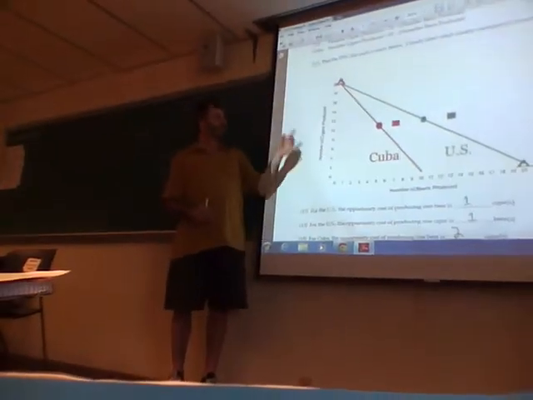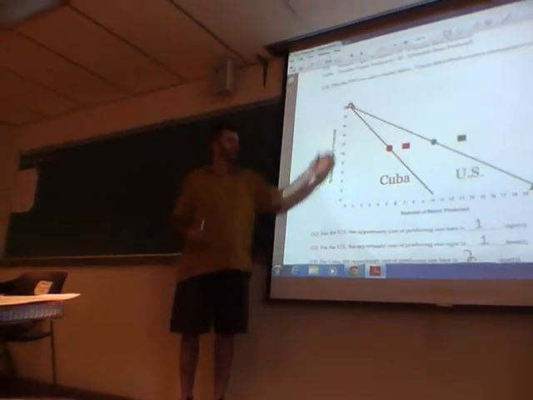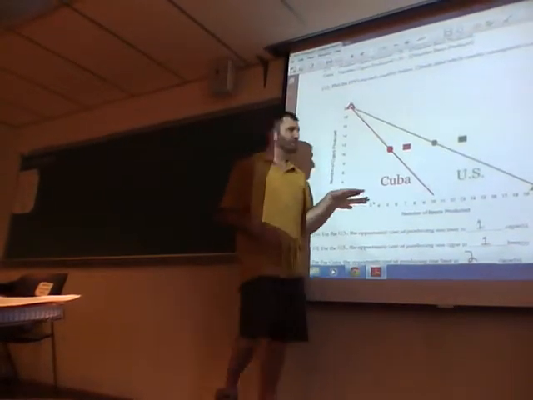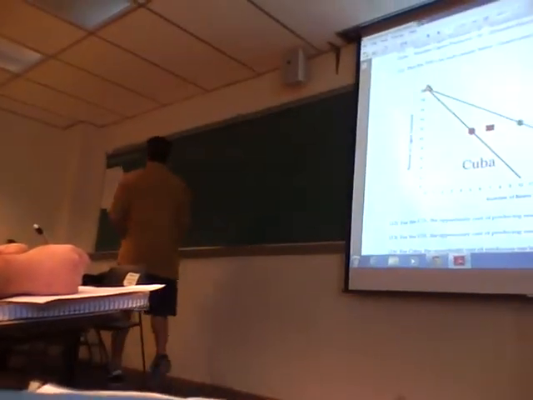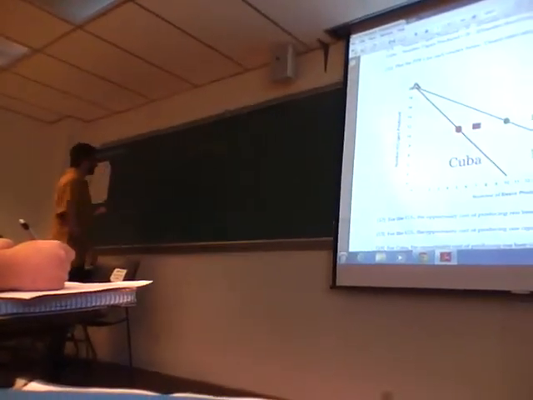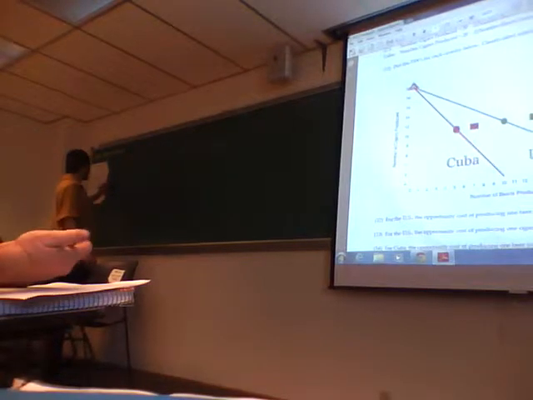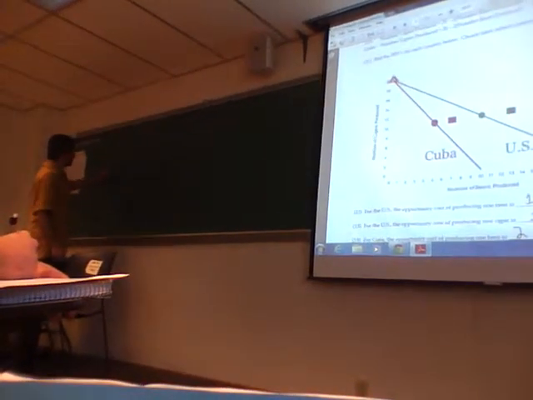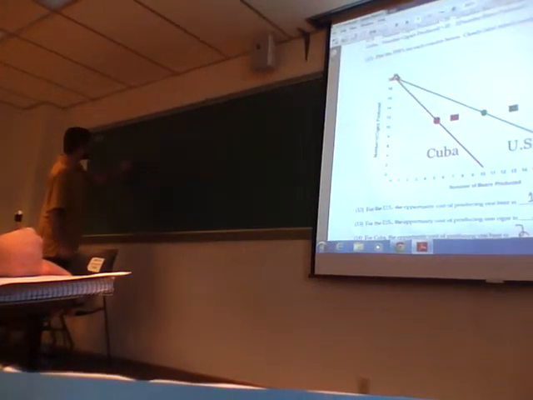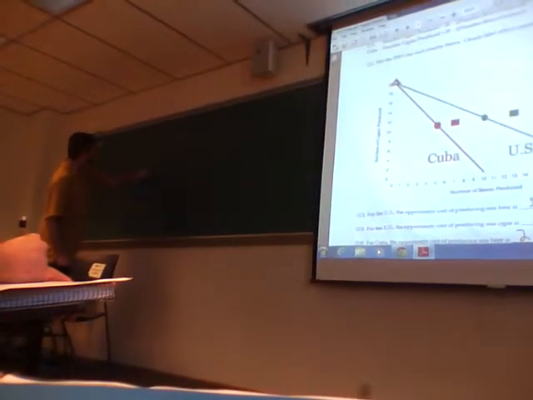What's the y-intercept? What's the place where it crosses the y-axis? And what's the place where it crosses the x-axis? I get those points just by asking two questions. One, what if beer equals 0?